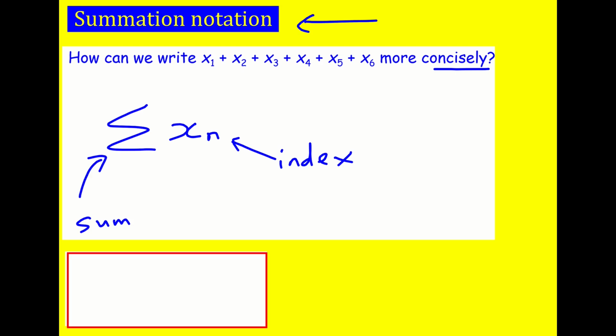And then how do I convey that I'm going from 1 to 6? Well, I just put a little 1 at the top, and then I put a little 6 at the top. I just need to say what is changing, and it's actually the n that's changing. So my n is not actually in my final answer, and it's also sometimes known as a dummy variable.